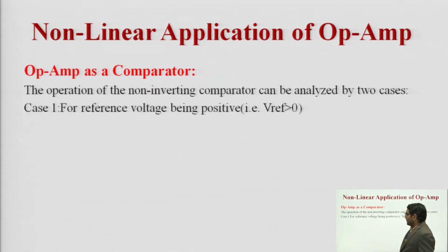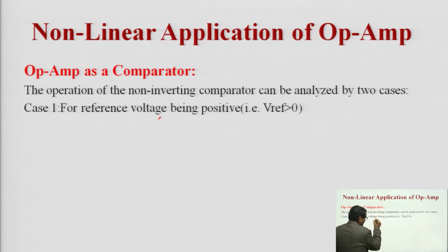Now consider the operation of the non-inverting comparator, which can be analyzed with two cases. First we consider the case where V reference is positive, that is, V reference is greater than 0. So, how can we fulfill this?